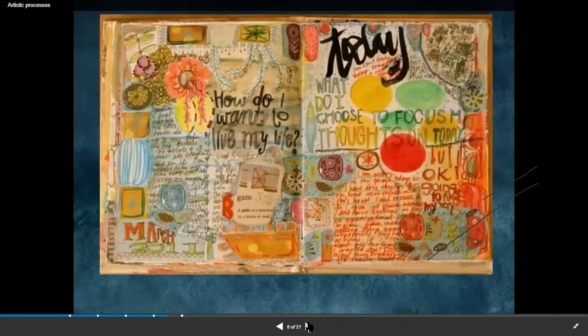Just like this one. We always see this kind of art pieces on the walls. This is a kind of artwork that we thought was not art.